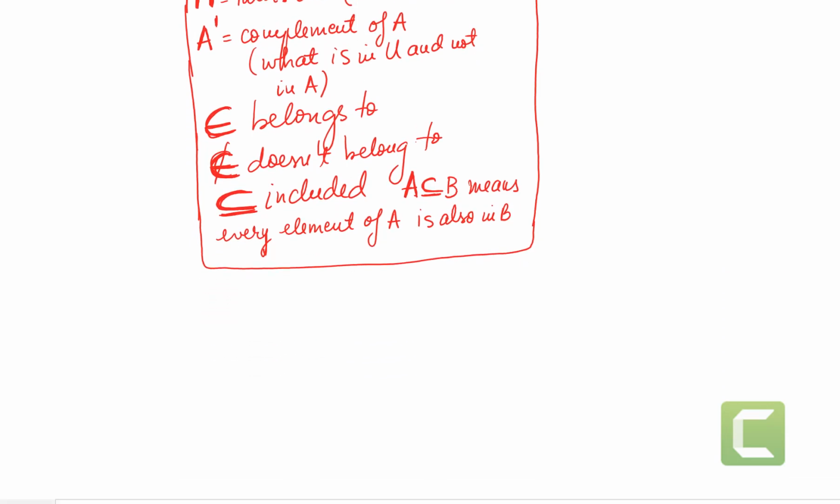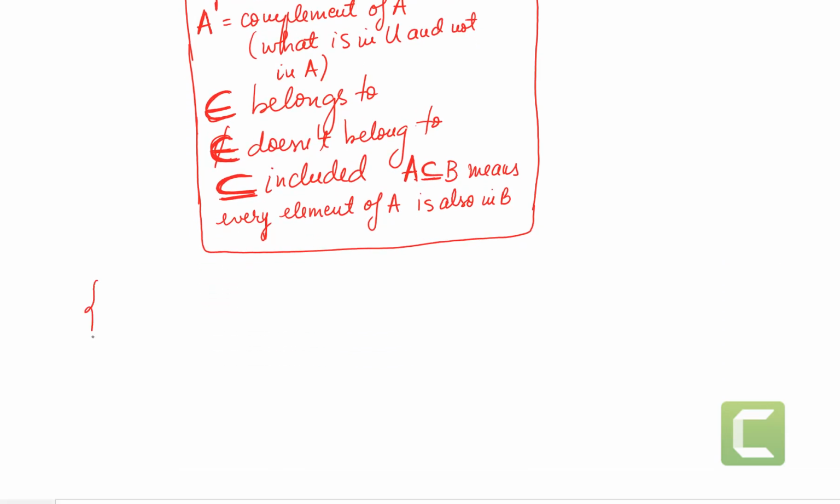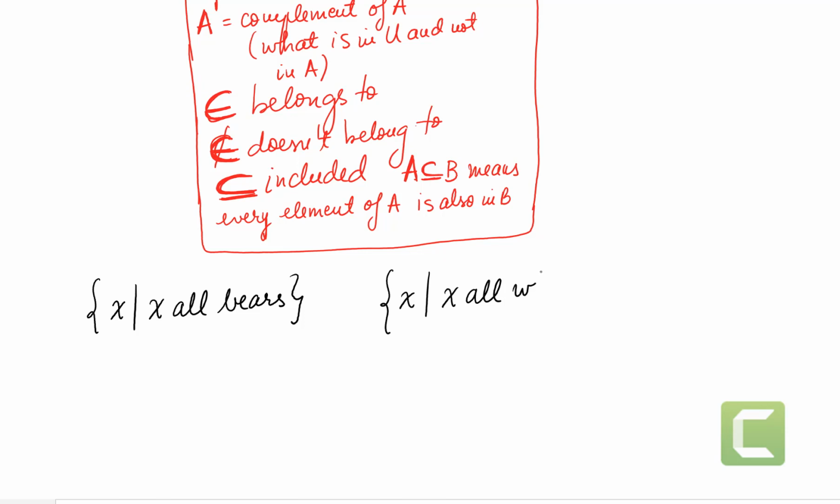One interesting problem is when you have the set of X with the property that X is all bears, and the question is: is this set included in the set of X with the property that X is all white bears? Are all the bears white bears?